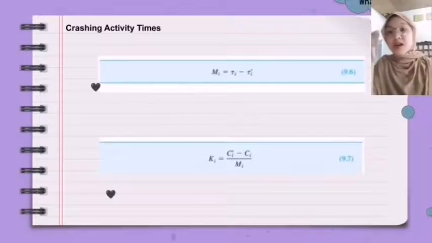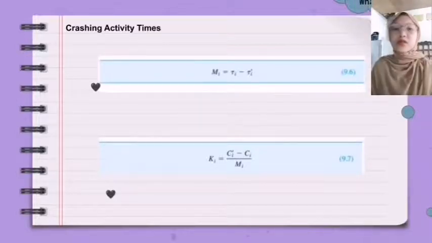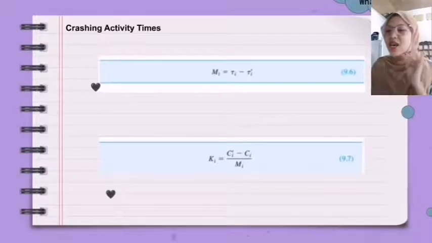So this is the use of the three formulas, which are Ti, T apostrophe i, and Mi.